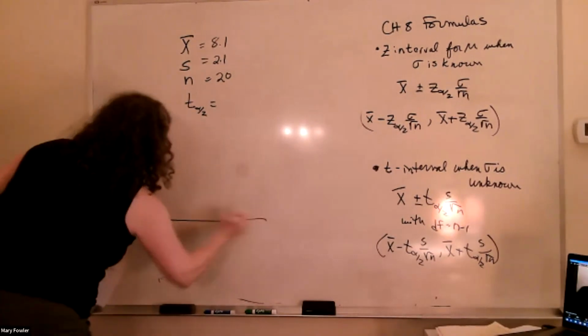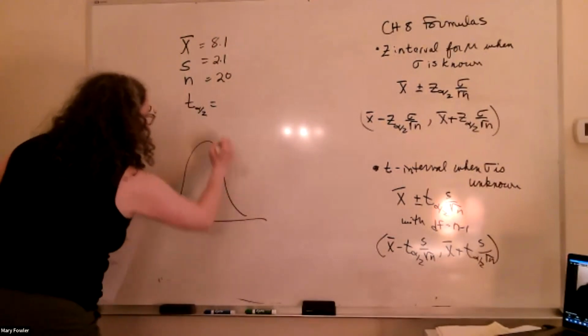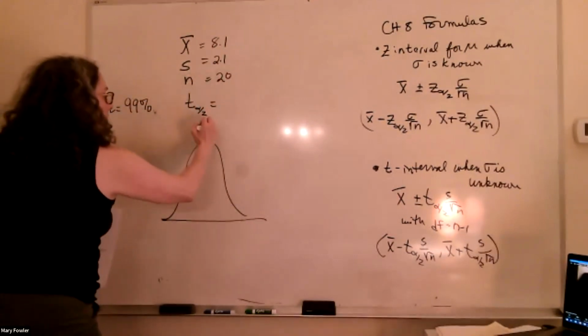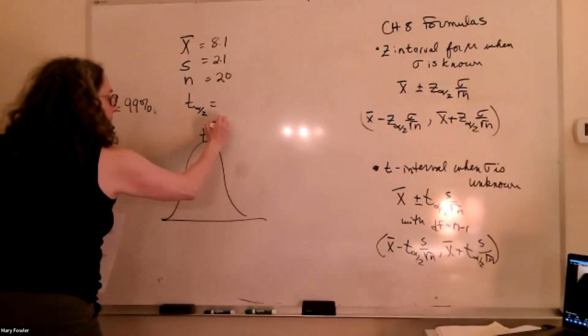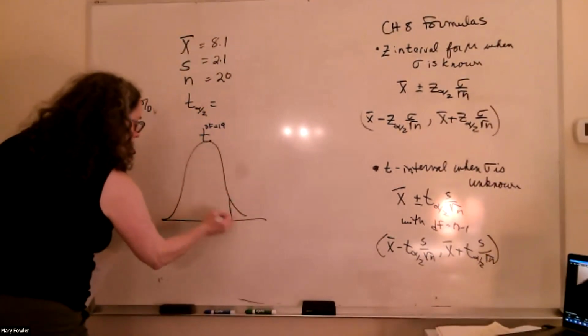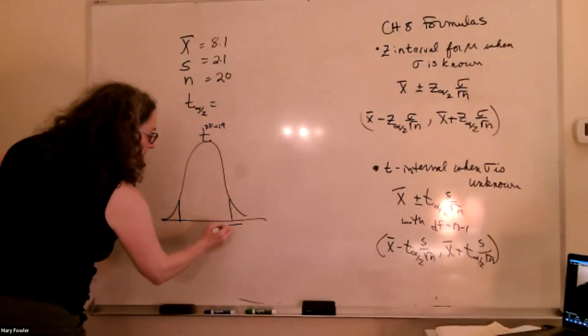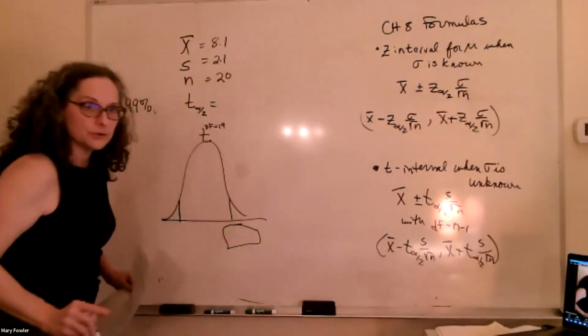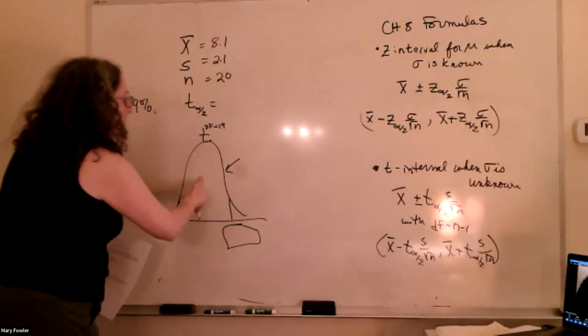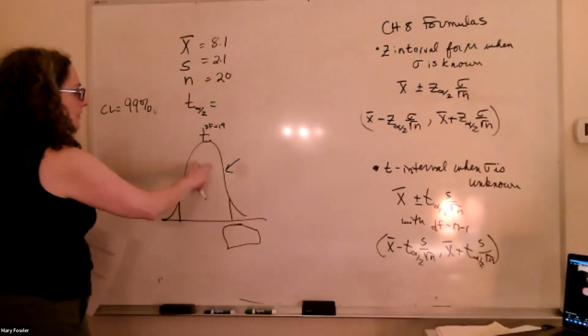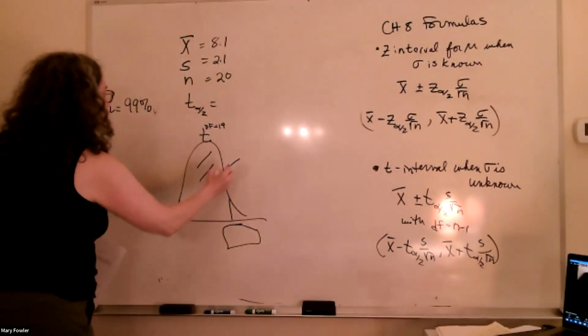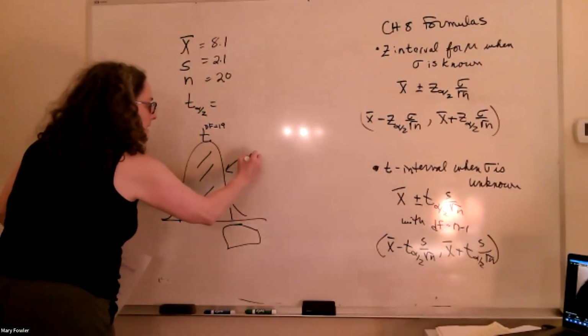Okay, let's draw the picture. We'll find the t sub alpha over 2. So this is t. It has degrees of freedom equal to 19. And we need to figure out what's the delimiting value so that the center area is 0.99.